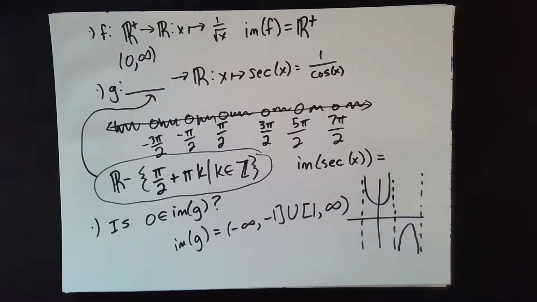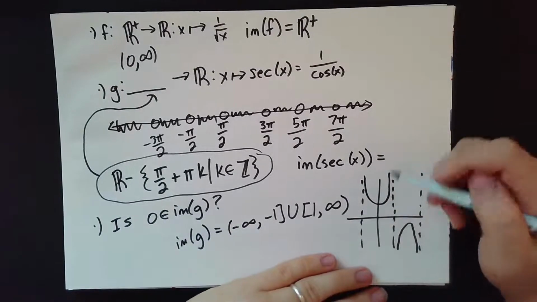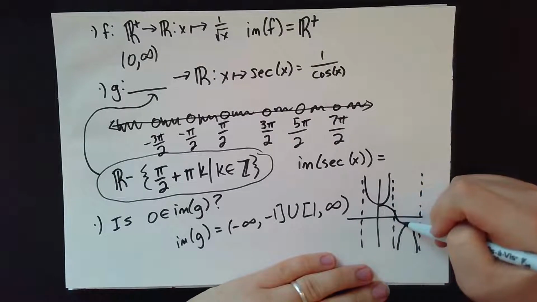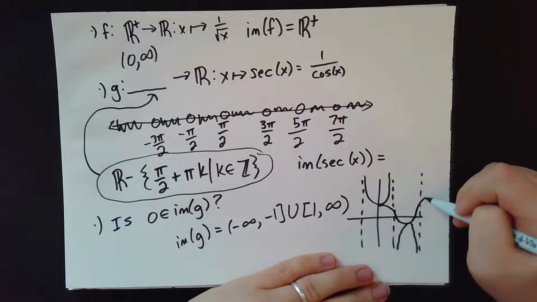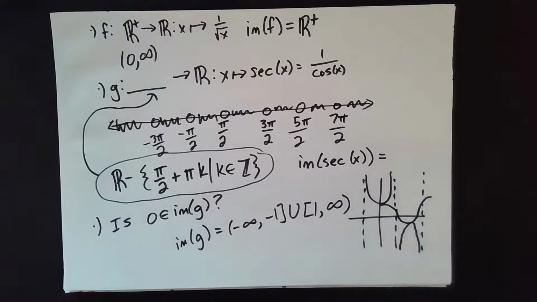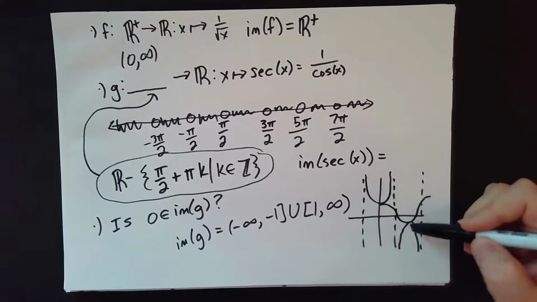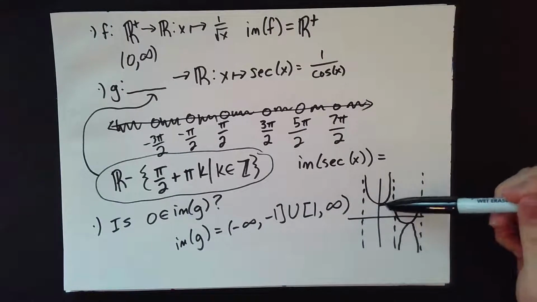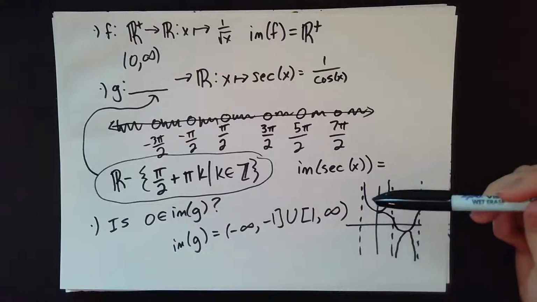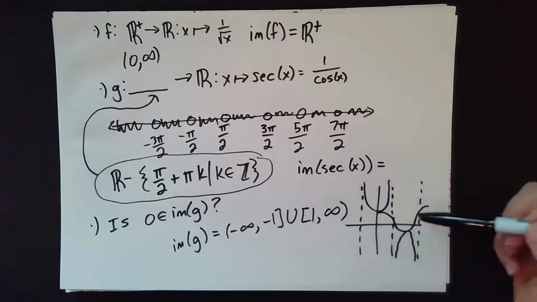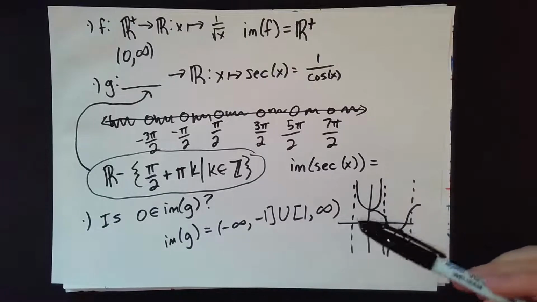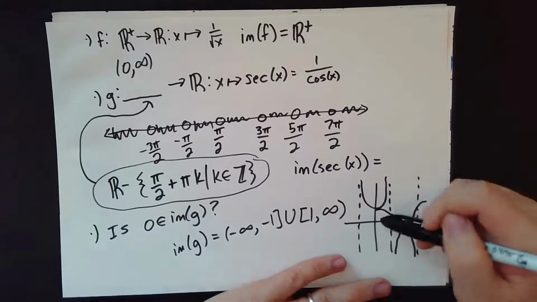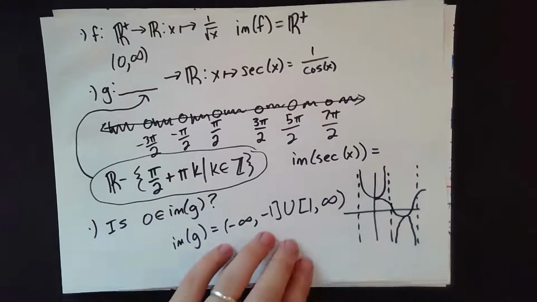But actually, if you were to just draw in the graph of cosine, you would draw it in like this. And so, in fact, the graph of cosine just kisses the graph of secant at the vertex of each of these things that looks kind of like a parabola. And so what that means is this whole middle part between minus 1 and 1 is not a valid output of secant. I can't get in between minus 1 and 1.